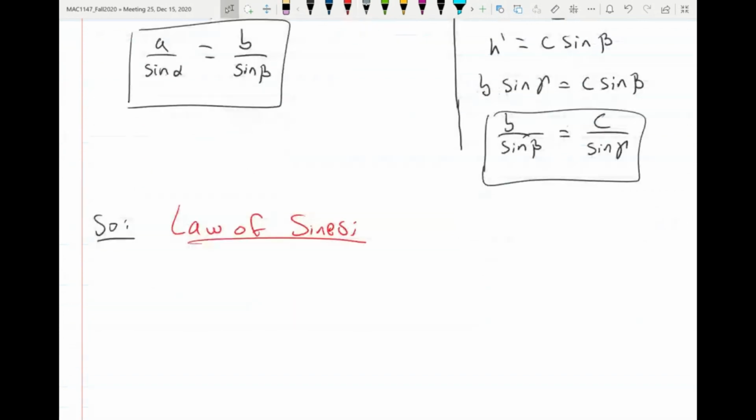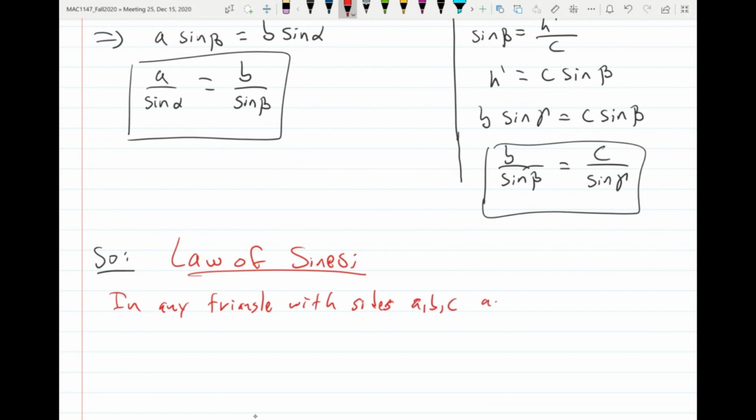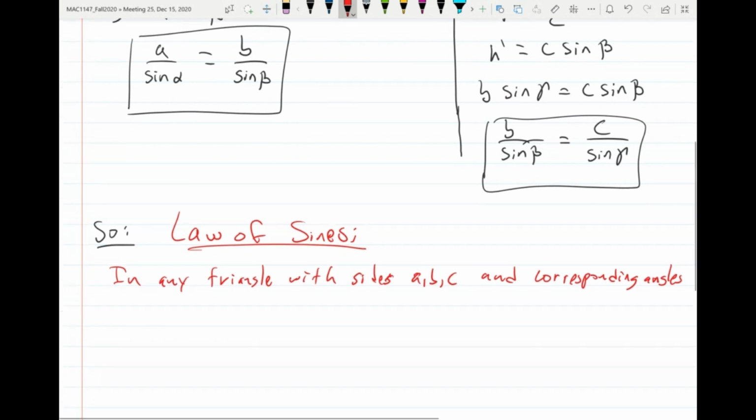That says the following, that for any triangle, so in any triangle with sides A, B, C, and corresponding angles. When I say corresponding, I mean the ones that are opposed to each other, okay?